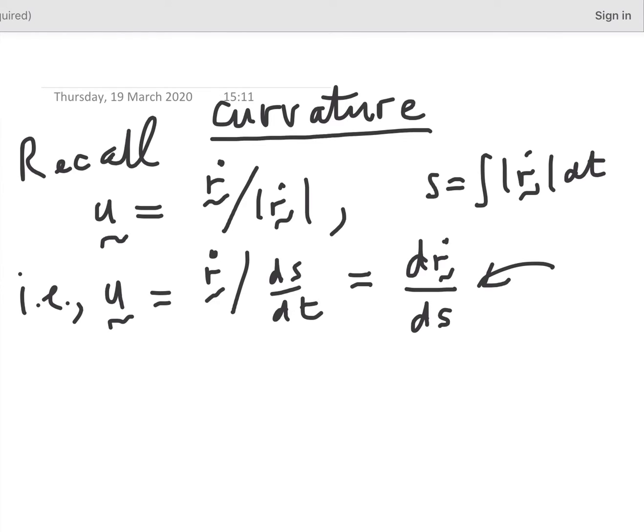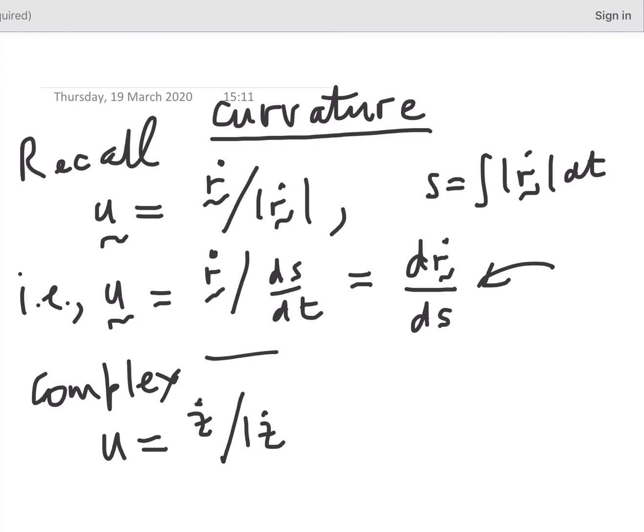Of course, in the complex case, we don't have the notion of a vector, but the unit tangent would be given in terms of your function z of t, where z is your complex number tracing out the curve on a complex plane. So in the complex case, the unit tangent, it's not a vector now, is given in a very similar way: z dot divided by the mod of z dot. Recall this mod would be your complex mod.